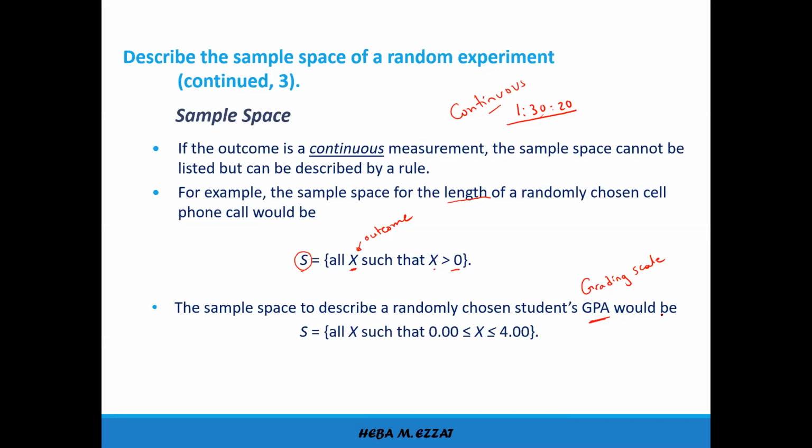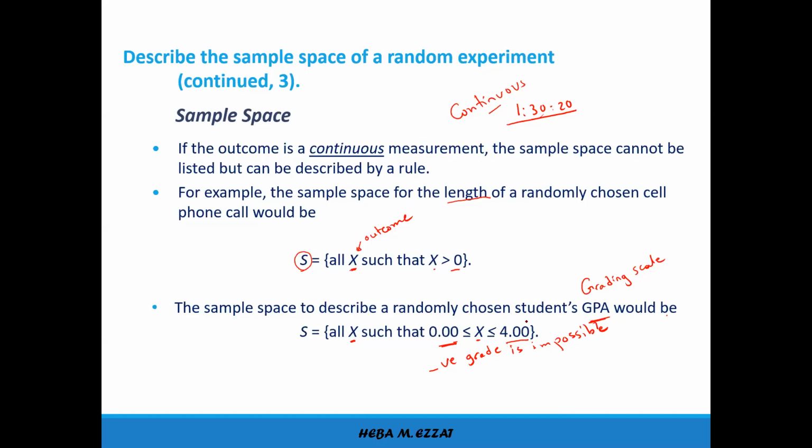We would consider all x, all the outcomes, such that the grade is greater than or equal to 0 and less than or equal to 4. Here, of course, no student can get a negative grade, it is impossible. So this is why we started at 0.